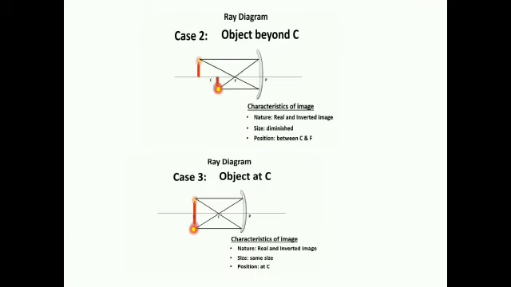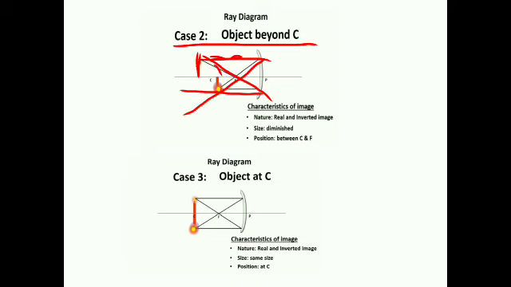Case 2, when the object is beyond C. As shown in figure, when the object is beyond C, the ray R1, a parallel ray, after reflection passes through focal point. R2, the ray traveling through focal point, after reflection becomes parallel to the axis.